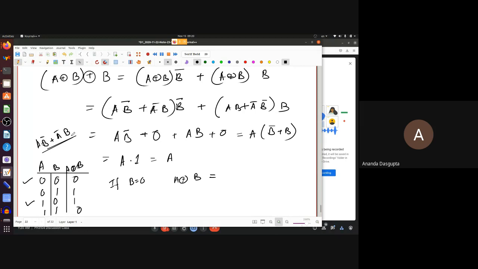Get the same result anyway. So when B is low, what does it tell you about A bar B? Come on, that's a trivial question actually. It's A. You mean the whole thing is A, right?